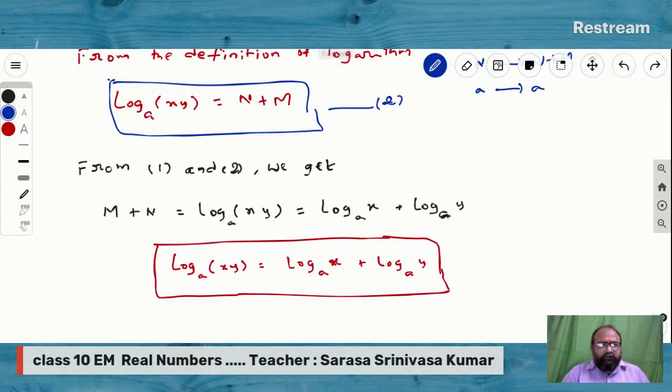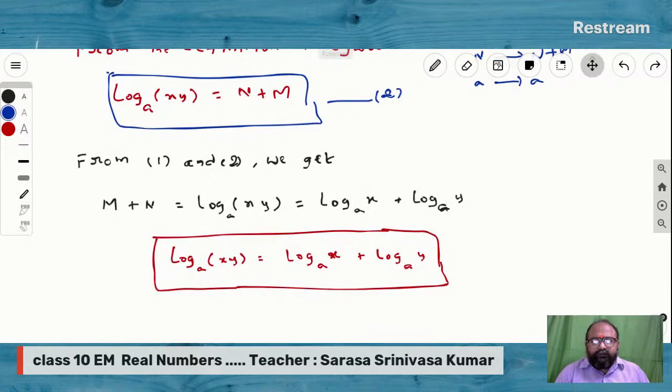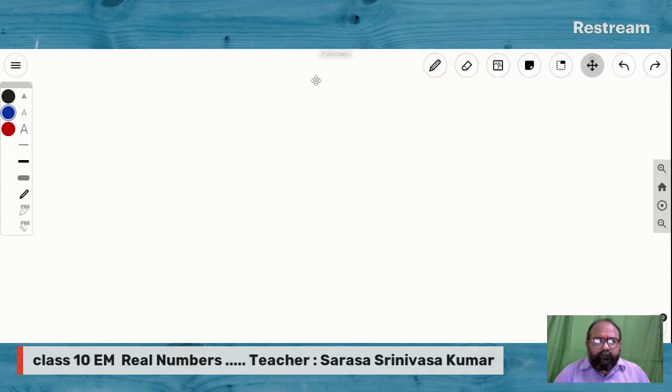Now we consider the next result and we will prove it. This is a very important result in logarithm.